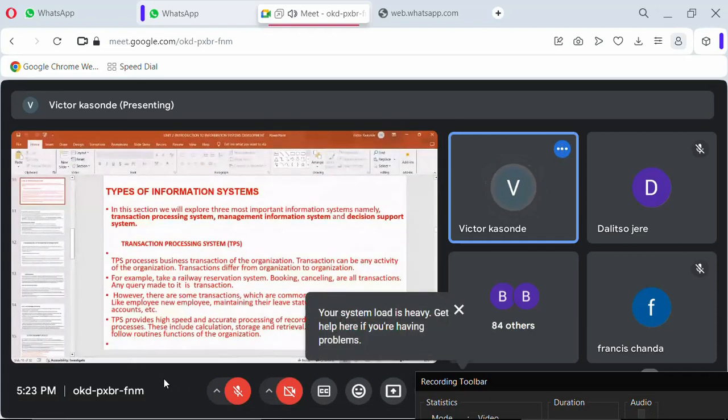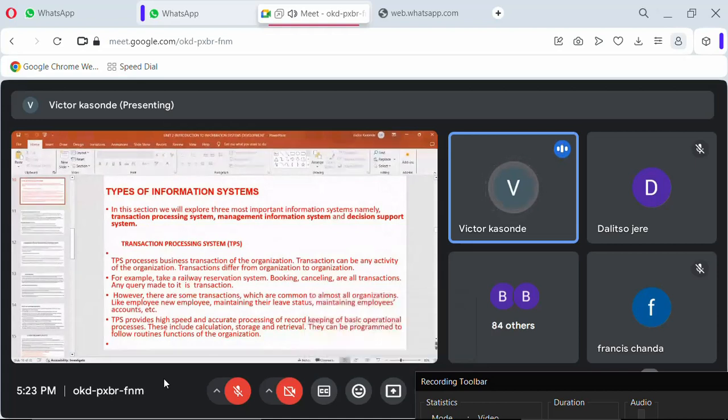Transaction processing system provides high-speed and accurate processing of records, keeping of basic operational processing. These include calculating, storage, and retrieving. These can be programs to follow the routine functions of an organization. So TPS is supposed to be used at a lower level, by those who do day-to-day activities to transact.